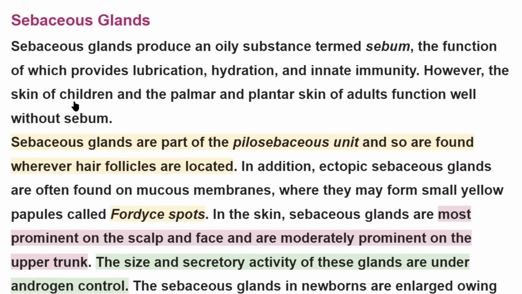Sebaceous glands. Sebaceous glands produce an oily substance termed sebum, the function of which is lubrication, hydration, and innate immunity. However, the skin of children and the palmar and plantar skin of adults function well without sebum.